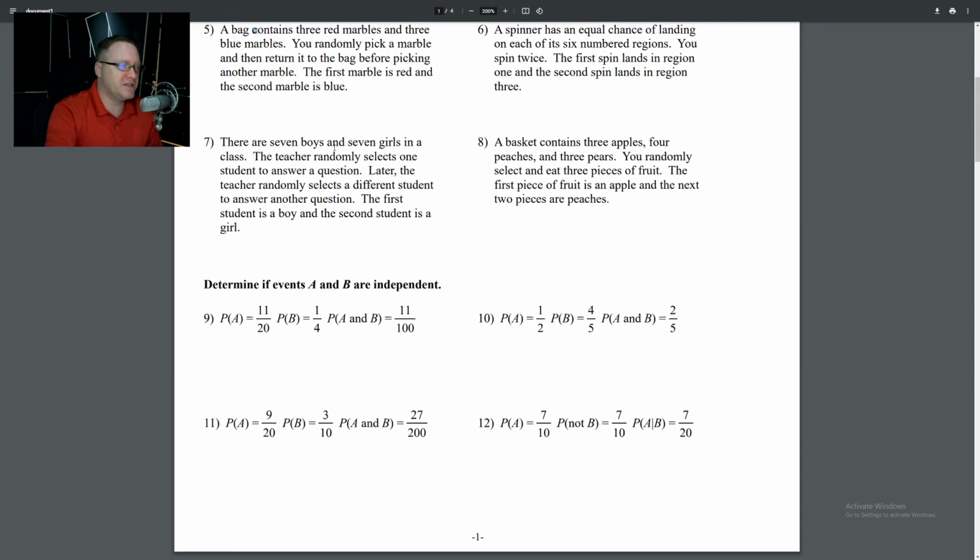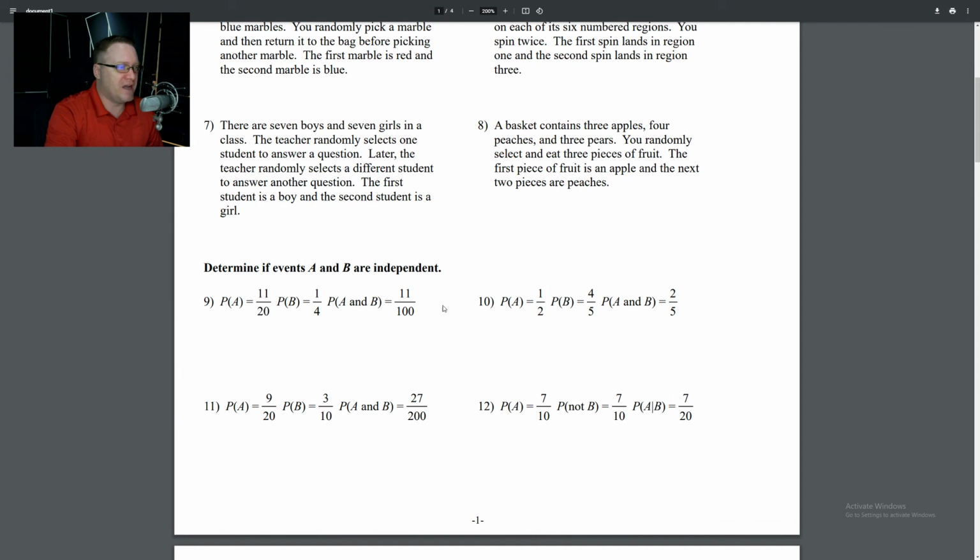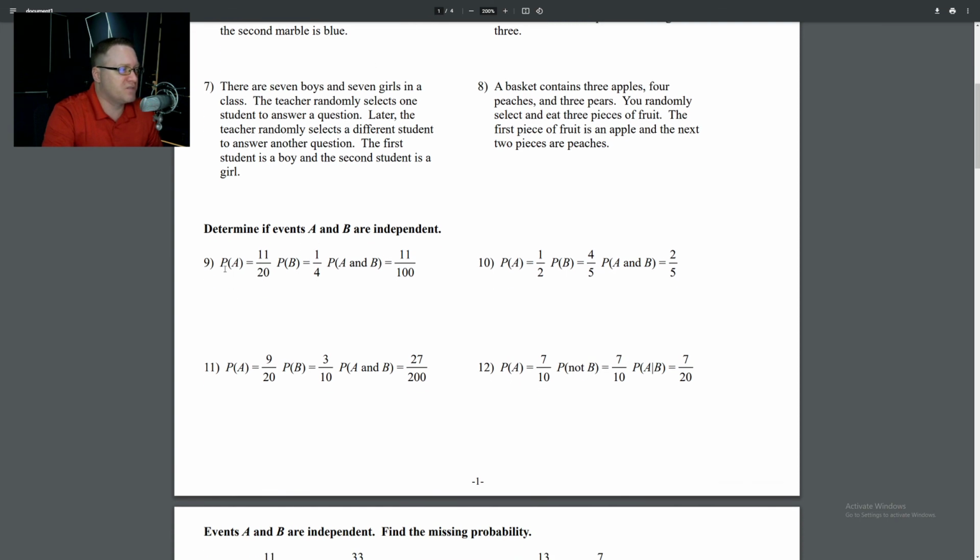So that's pretty easy. Then look at number 9, 10, 11, and 12. These ones are not very difficult, but I want to make sure you understand what it's asking. All right, so it says probability of A is 11/20. The probability of B is 1/4. The probability of A and B equals 11/100. The question is, are they independent or dependent? So you just need to tell me, is it independent or dependent?